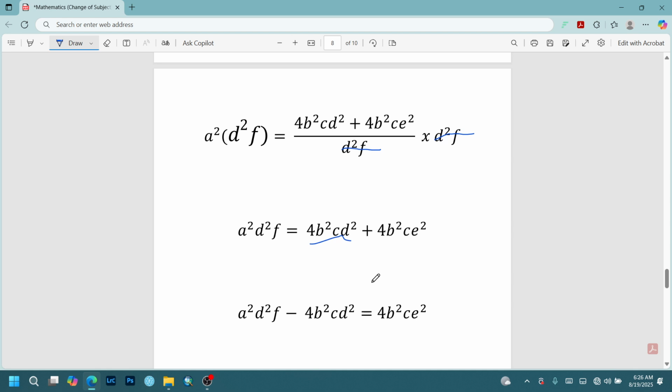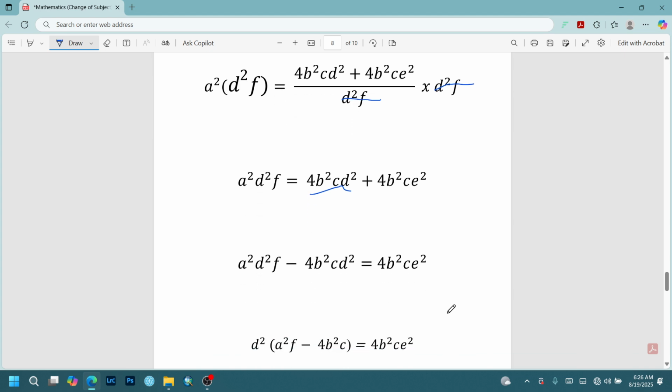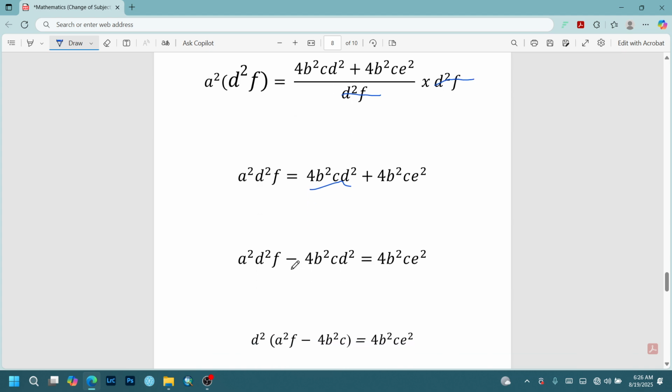So we have a squared d squared f minus 4b squared cd squared equals 4b squared ce squared, right? So we factor out d squared, right? So we bring d squared out.